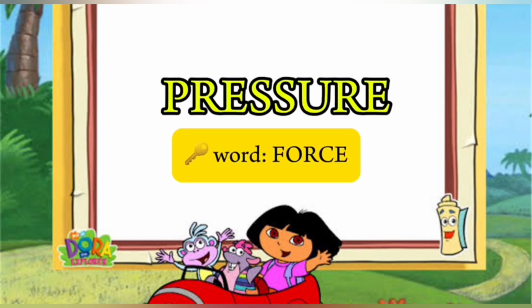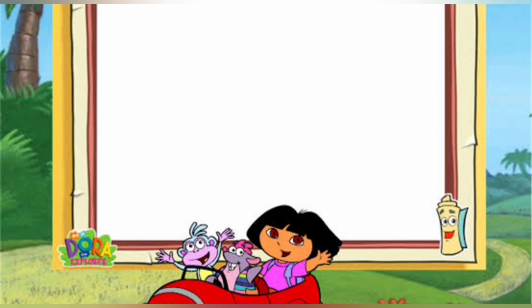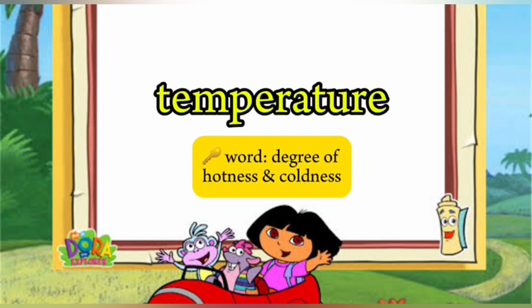The following variables are included in this law. First, pressure. Pressure is when a force is exerted upon an object or substance. Second, volume. Volume is the amount of space an object or substance occupies. Third, temperature, which is the measure of hotness and coldness.